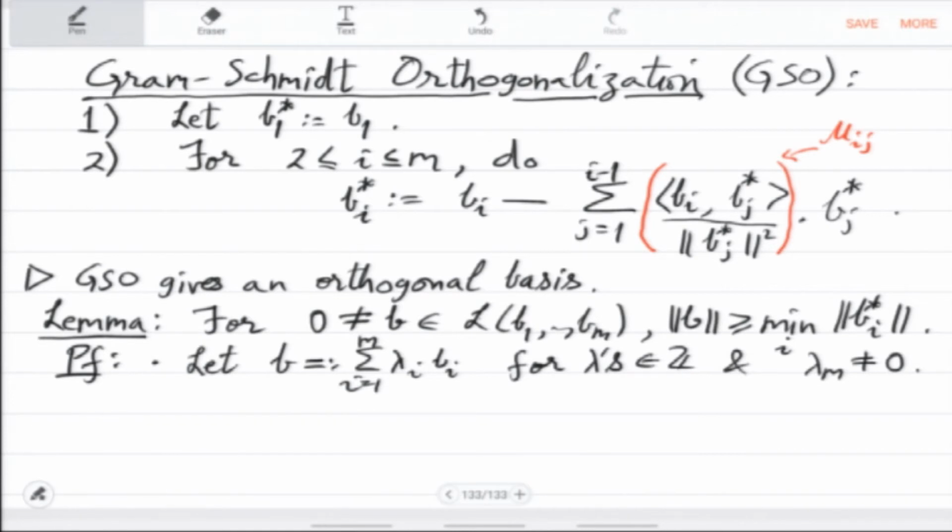Let us now use the GSO basis. So, let us write B as lambda 1 B1 star, well, because B1 star is B1. What is B2? So, B2 is B2 star plus mu 21 B1 star.